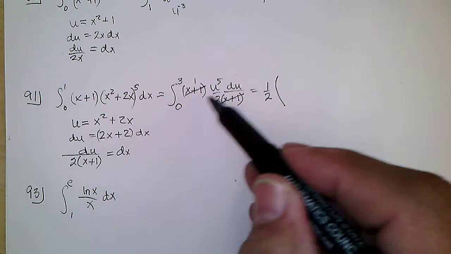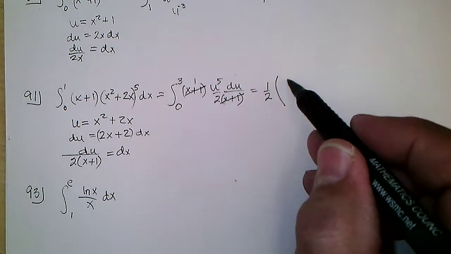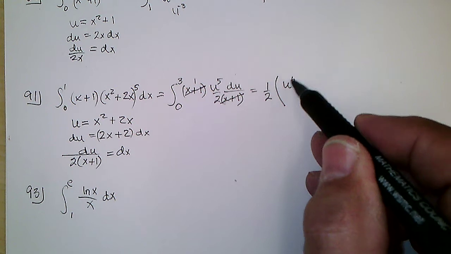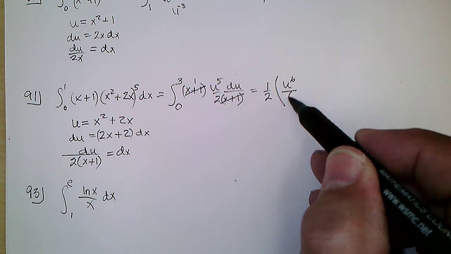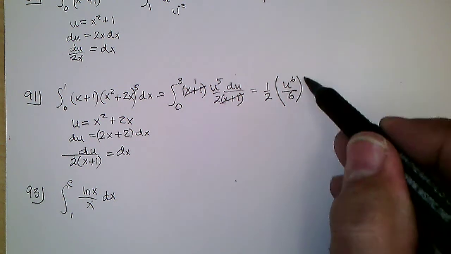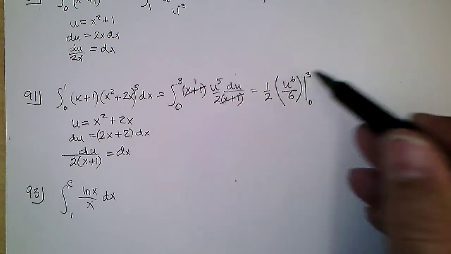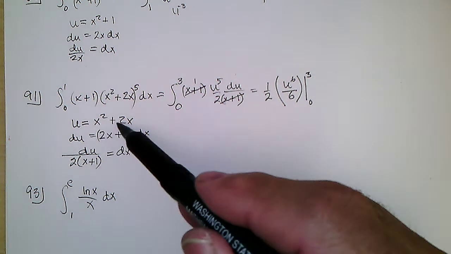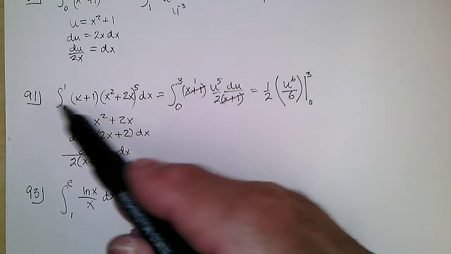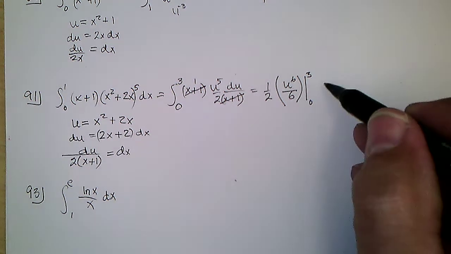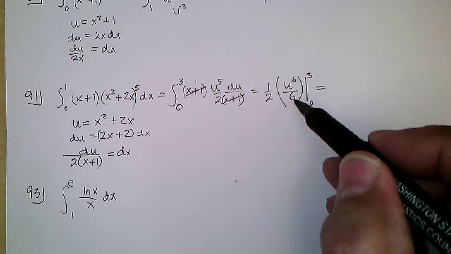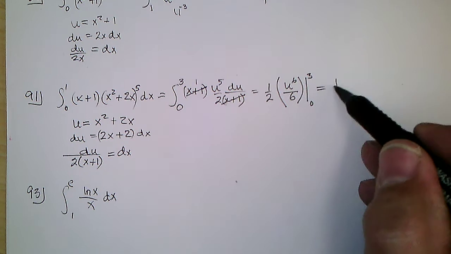And u to the 5th integrated is u to the 6th over 6, evaluated from 0 to 3, or I could put x squared plus 2x back in for u and go from 0 to 1. But anyway, continuing on here, so this is 1/12.